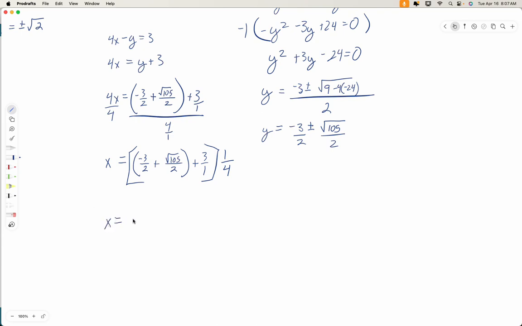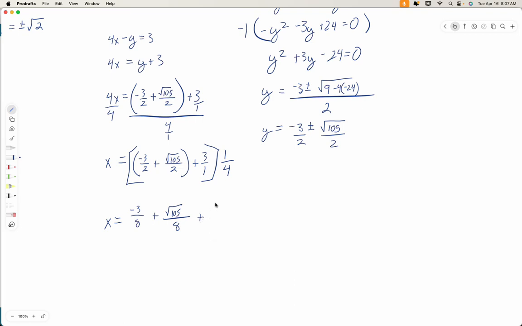X is equal to, I'm not sure why I still have, I don't guess I still have to have the parenthesis there. That would be negative 3 over 8 plus square root of 105 over 8 plus 3 over 4.